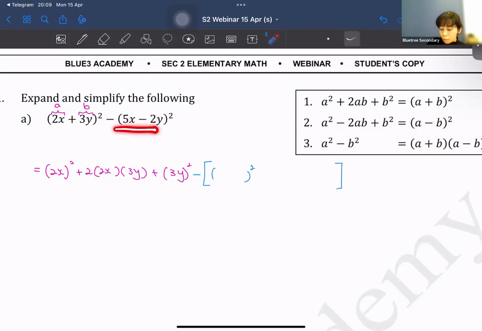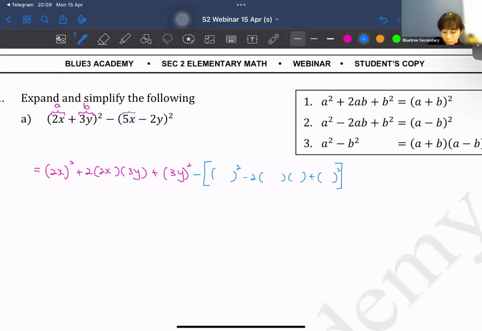So for my second expansion, I'm using the second identity where I expand it to a squared minus 2ab plus b squared. So I have a squared minus 2ab plus b squared. So just fill up your a and b into the bracket.